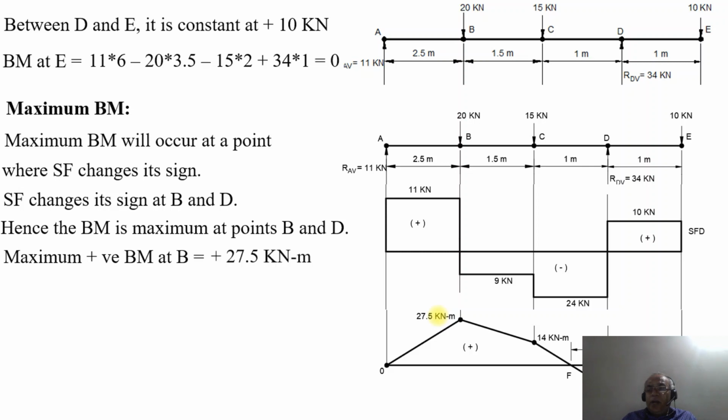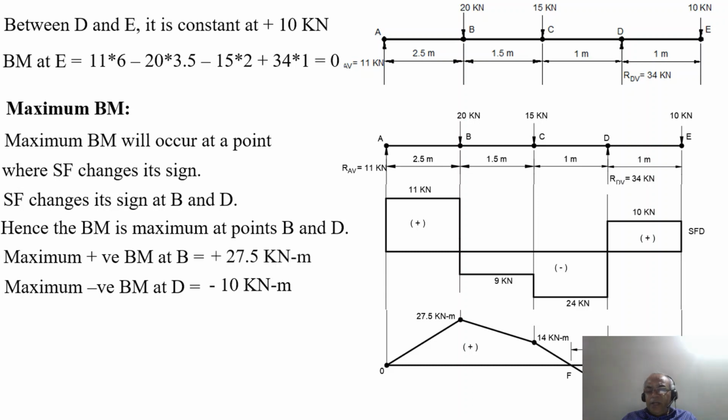Then at this point the bending moment changes sign from negative to positive, so you get the maximum negative bending moment at the point D, which is equal to minus 10 kilonewton meter.